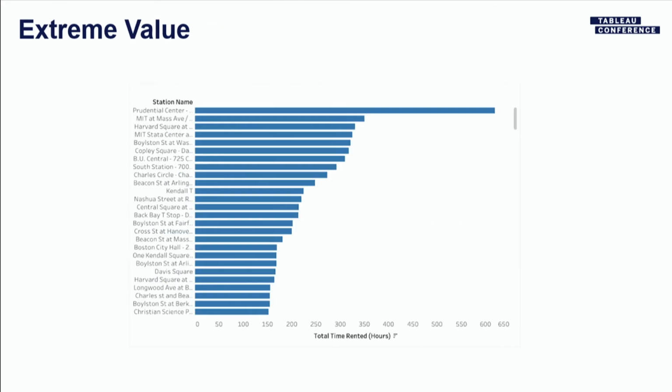So the first type of explanation is an extreme value explanation. This is when the aggregated value of a mark is an outlier in the visualized dimension. In the example that Richard showed you, where the total time that people rented bikes from Prudential Center was way higher than from other stations, this is an example of an extreme value.